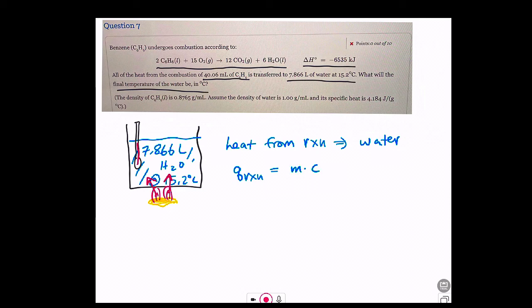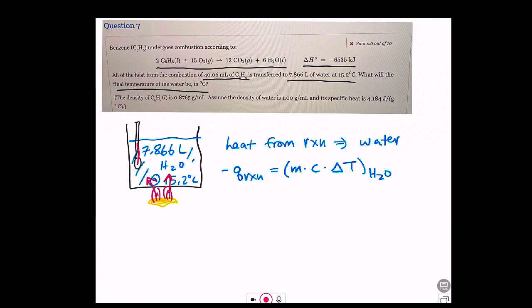So the water has a mass, a specific heat, and a temperature change. And of course, the reaction will give off heat, and the water will absorb heat. So those will be opposite in sign. So the reaction heat will be opposite in sign to the heat for the water.